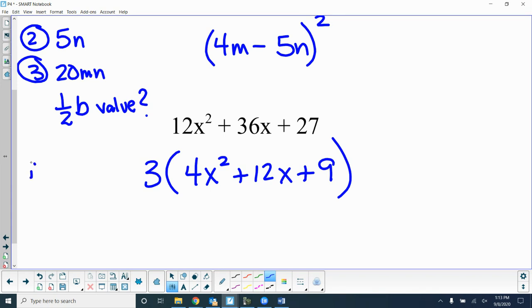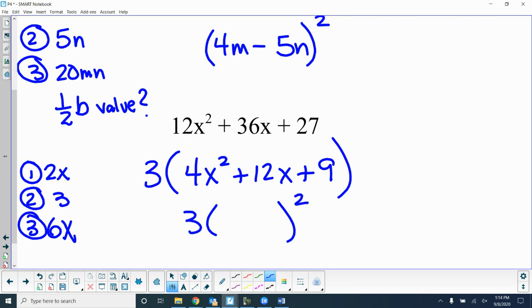So number 1, in my 1, 2, 3 test, because it could be one of these, is the square root of that, which is 2x. Number 2, the square root of 9. Number 3, you multiply those. 2x times 3 is 6x. Is that half of the middle? Yeah, so it is one of them. So you just bring your 3 down. You know you're going to square it. Number 1 in the front, number 2 in the back. And then the plus, because that's what's in front of the B. That's those.